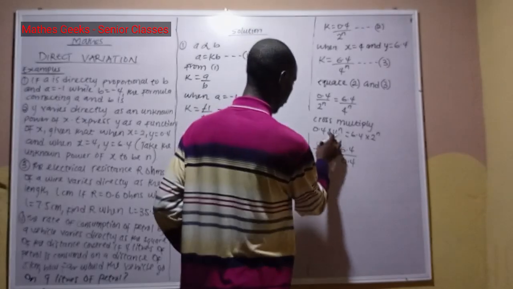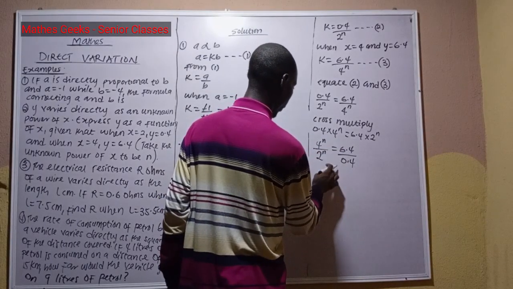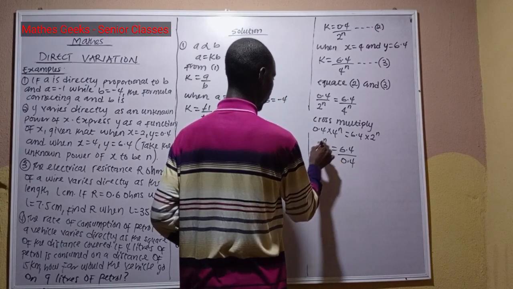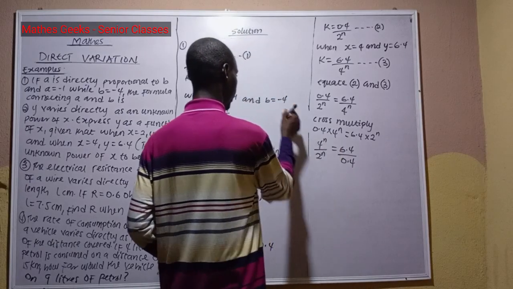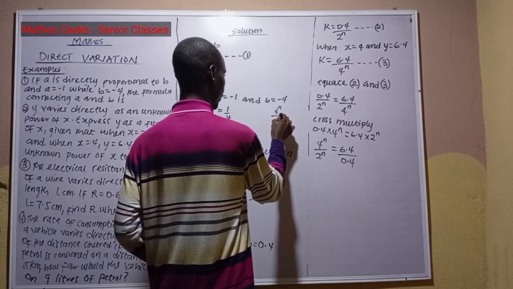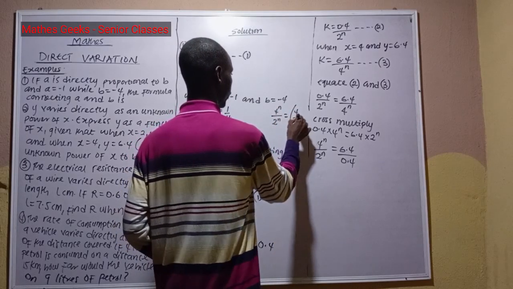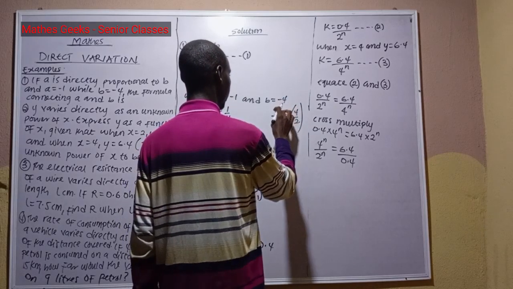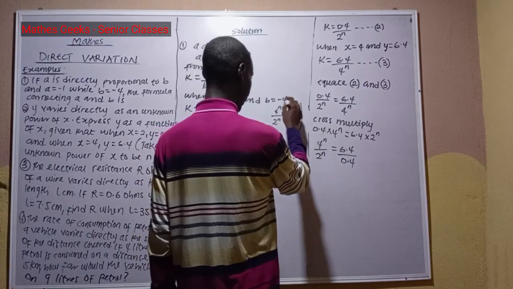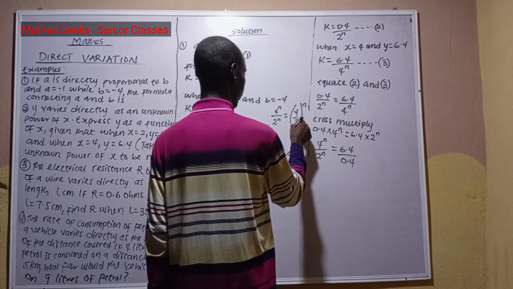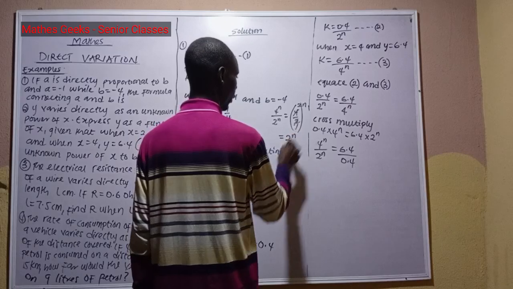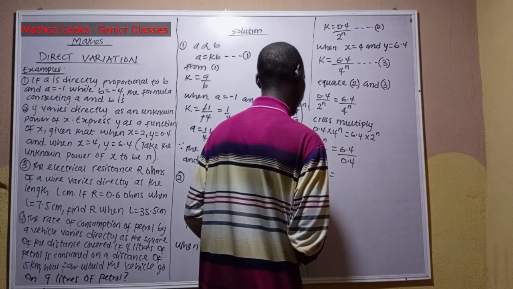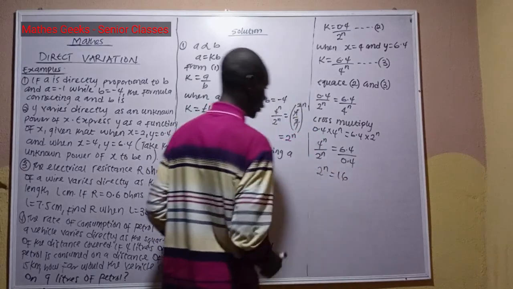A better way to understand this is this: 4 raised to the power of n over 2 raised to the power of n. You can write it as 4 over 2 all raised to the power of n, since the power to which both numerator and denominator are raised is the same. So factor it out: 2 here 1, 2 here 2. So it equals 2 raised to the power of n. So 2 raised to the power of n equals 6.4 divided by 0.4, which is 16.